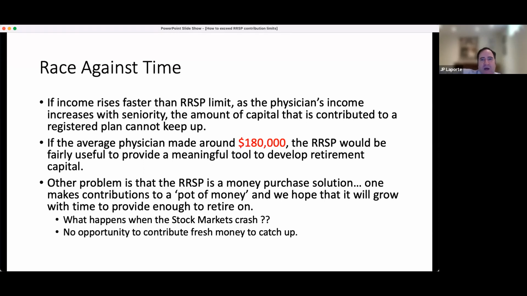You're not allowed to top up your account with all the losses you suffered as a result of these market forces. So now you're starting from a lower level, and you don't have as much time now to rebuild your wealth because you're a lot older. So this is a big problem with these types of money purchase solutions. They're fine if everything's perfect for the next 30 years. Fortunately, reality doesn't work that way. Next slide.